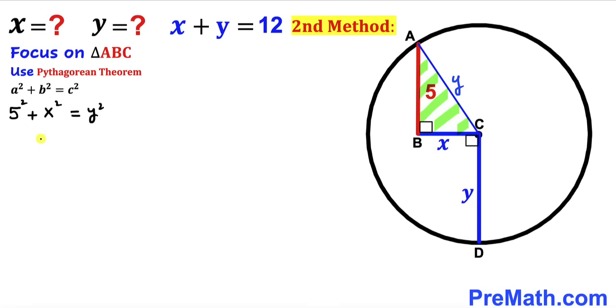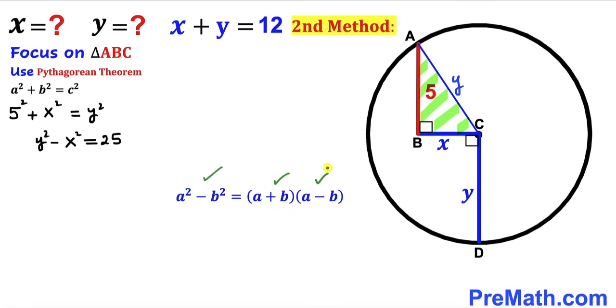So therefore we could write y square minus x square value is going to be equal to 25. And now let's recall this famous identity: a square minus b square could be written as a plus b times a minus b. And we are going to apply this identity on the left hand side. So therefore we could write y plus x times y minus x is going to be equal to 25.